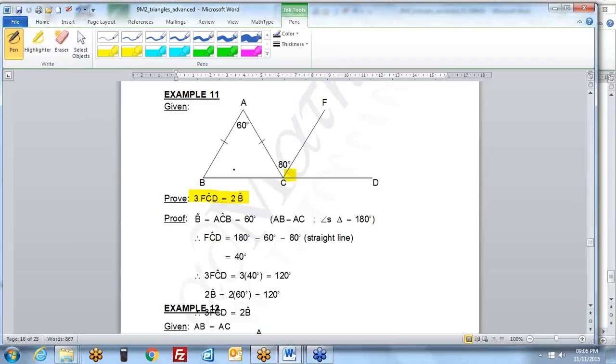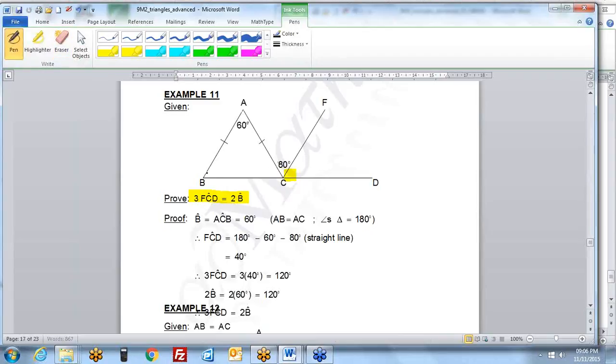Right, so in other words, what you say is these two angles will be the same size because AC is equal to AB. And then we say 180 minus 60 degrees gives you 120, and 120 divided by 2, because we know that these two angles are the exact same size, will give you 60 degrees. So that's how and why we know that angle B and angle ACB equals 60 each.